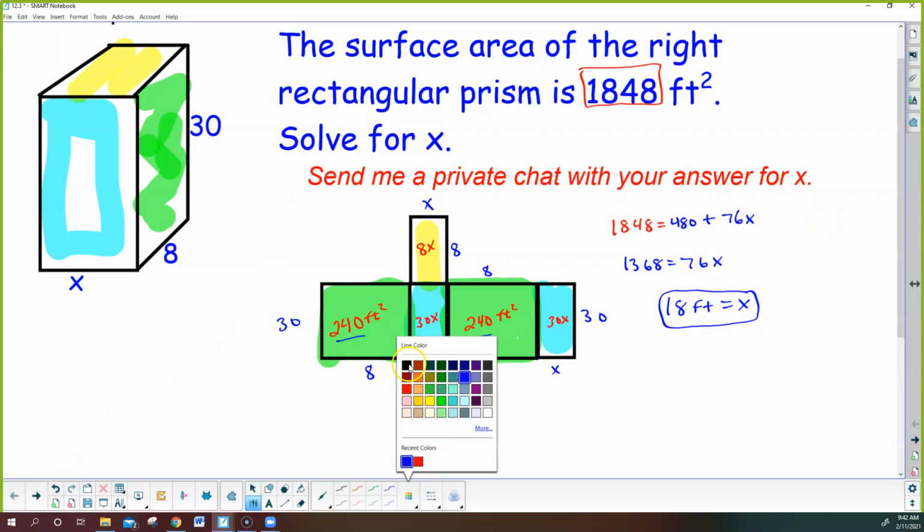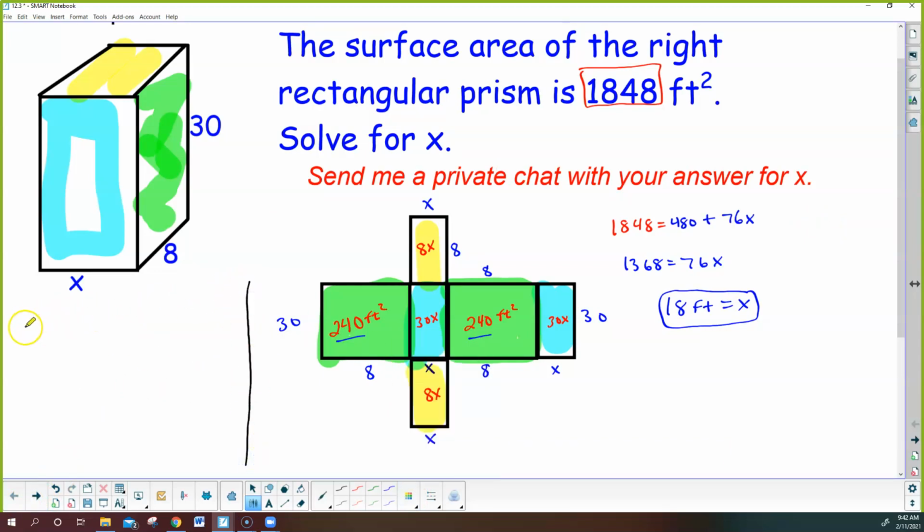We didn't focus on this, so an alternative way here would be, I know the surface area of any rectangular prism is 2 times the area of the base plus the perimeter times the height. Now, if you do this, it's actually faster, but it's a harder conceptual piece. So you might like this or you might not.